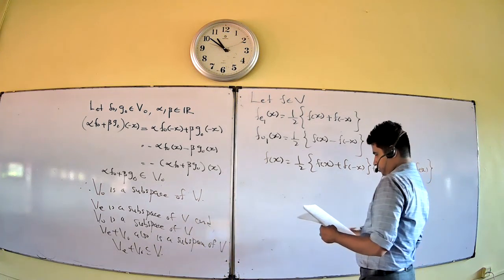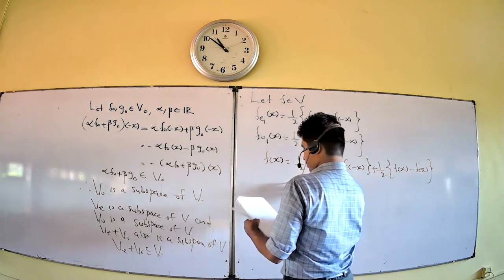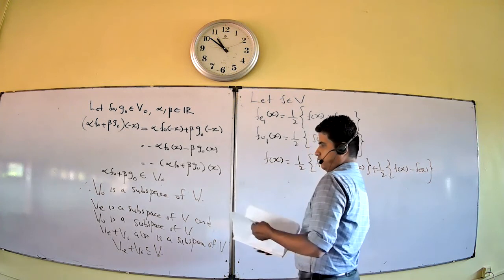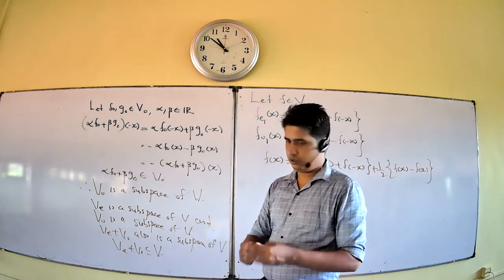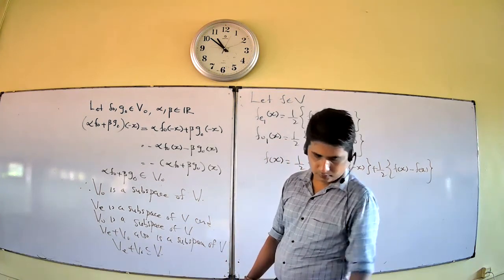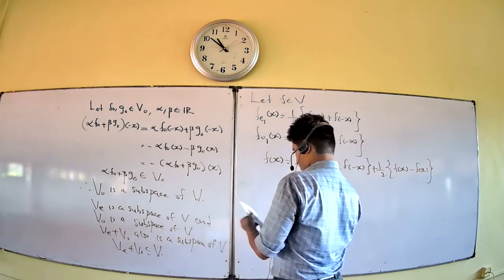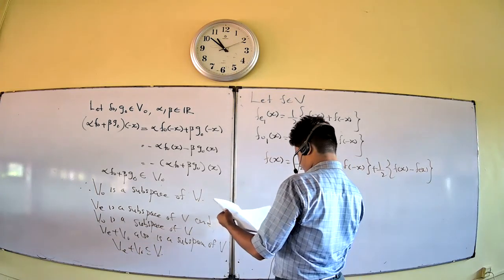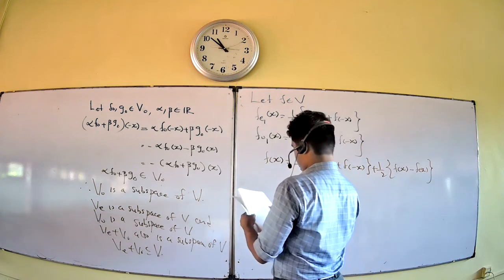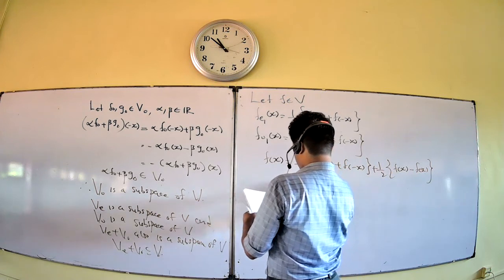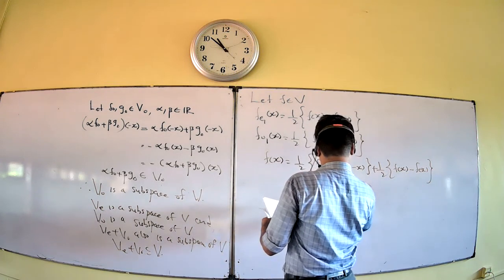So this belongs to V. So it is f_E1 of x plus f_O1 of x.